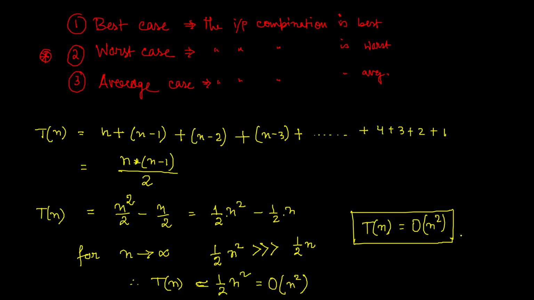Now, let's go for another sorting algorithm, say selection sort. In selection sort, what have we seen? We have the same data, suppose 2, 7, 4, 3, 9, 6, 5.